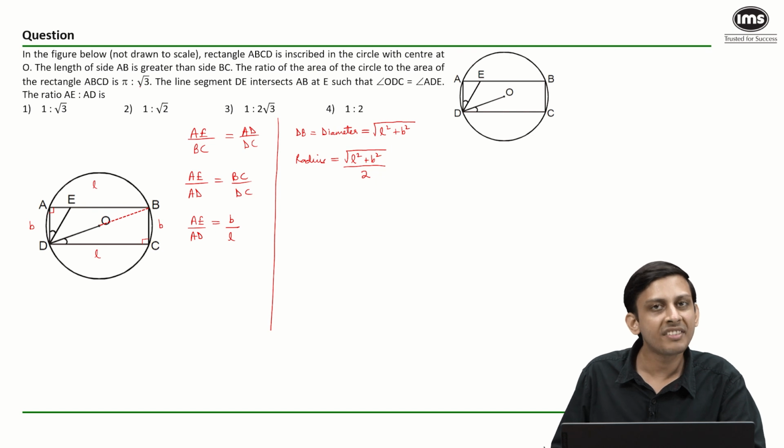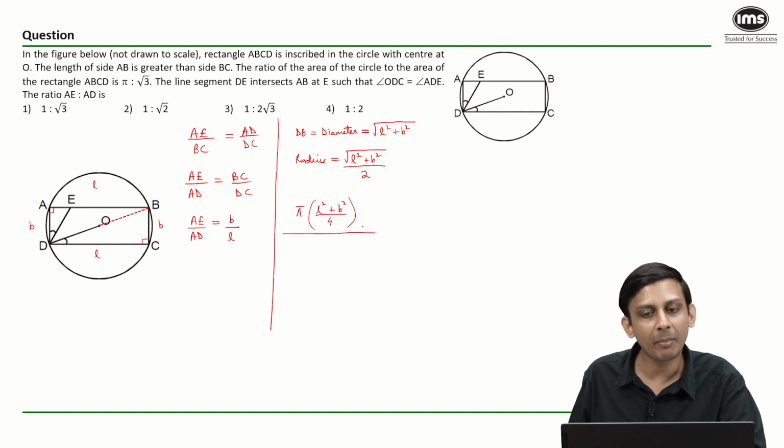now if we use this ratio, we have the ratio of the area of the circle to the area of the rectangle. The area of the circle is pi into the square of the radius. So we'll have pi into the square of this radius, which will give us L square plus B square by 4. And this will be divided by the area of the rectangle. The area of the rectangle is simply length into breadth.